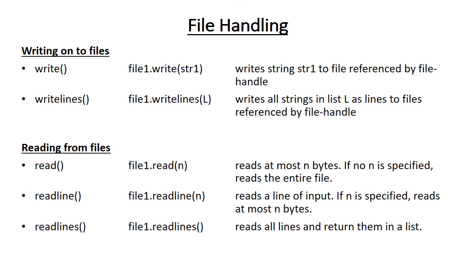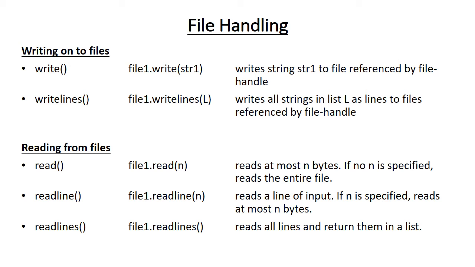This slide explains the various methods to write to a file and how to read from files. In the case of writing onto files, there is the write method or write function. For example, file1.write(str1) writes string str1 to the file referenced by the file handle.